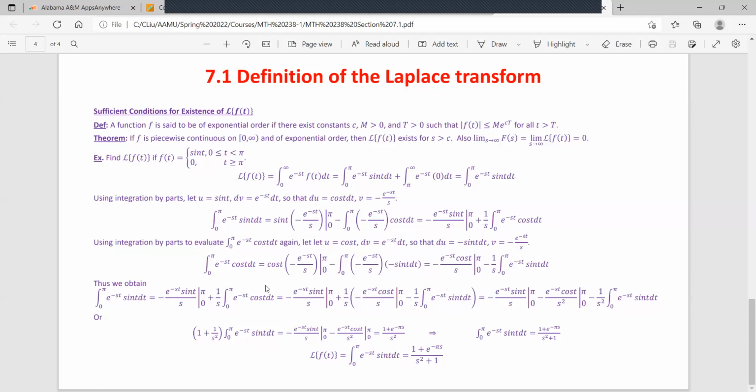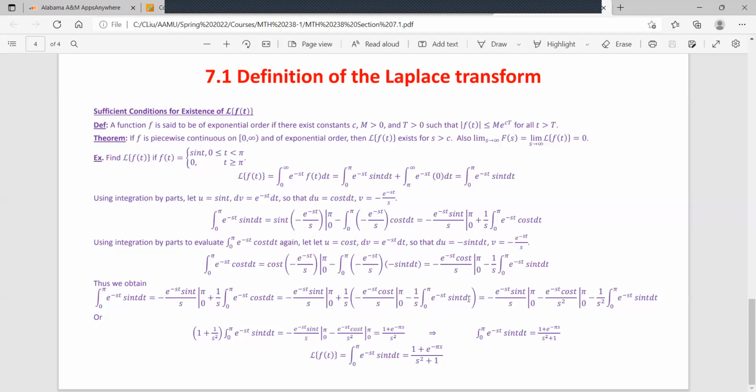And for this integral of e to the negative st cosine t from 0 to pi, from the second integral by parts, we get negative e to the negative st cosine t over s minus 1 over s times the integral of e to the negative st sine t from 0 to pi.